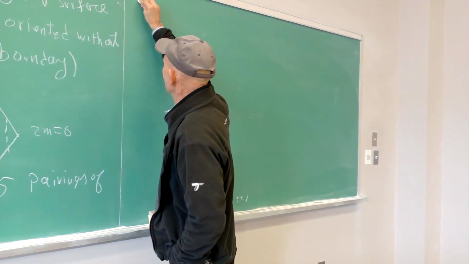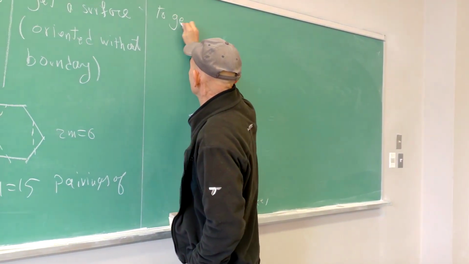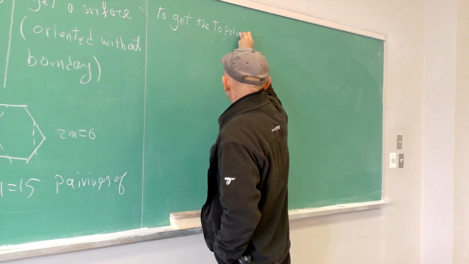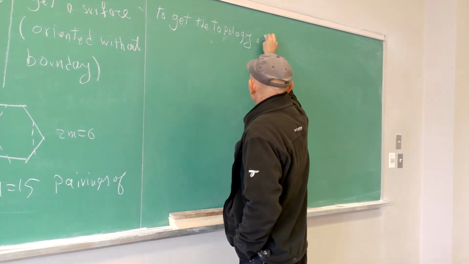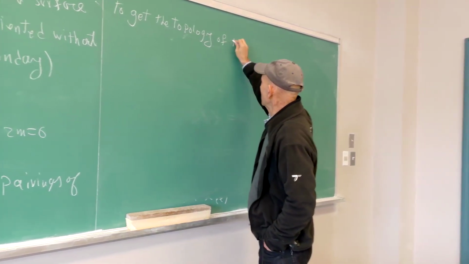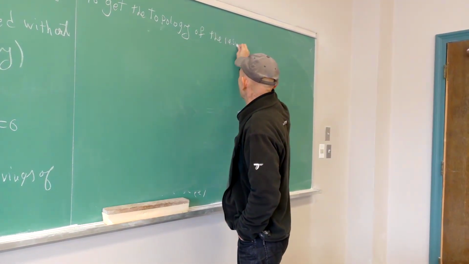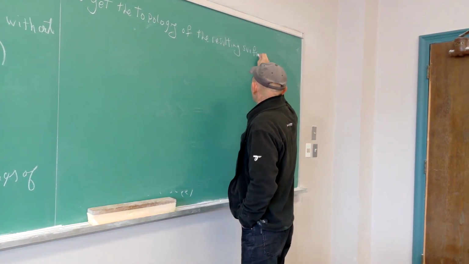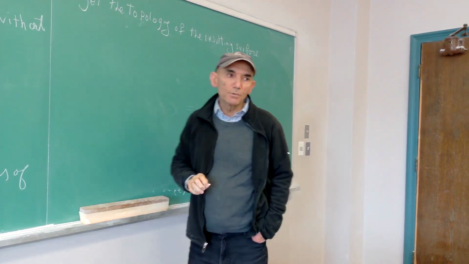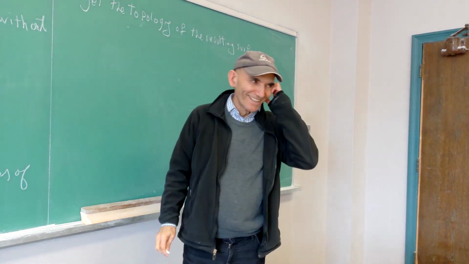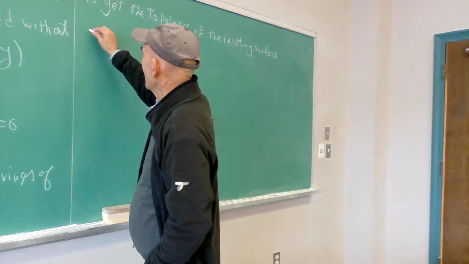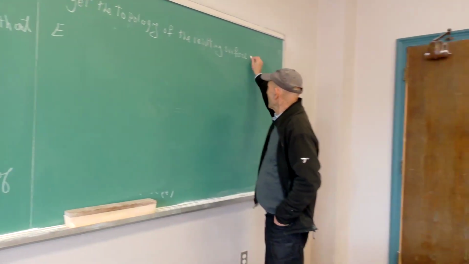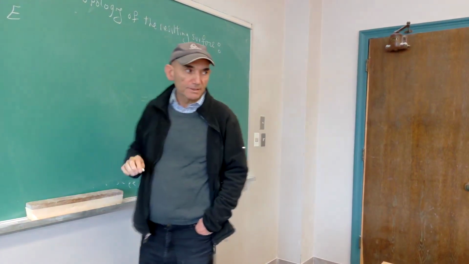You get the topology of the resulting surface. We need a bit of topology. We need to discuss the idea of Euler characteristic.